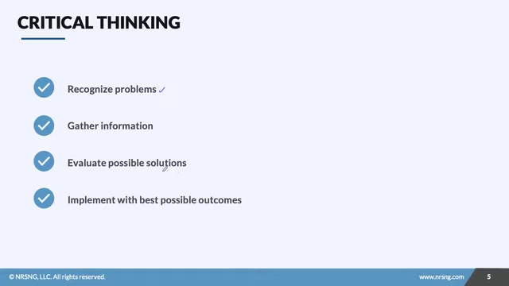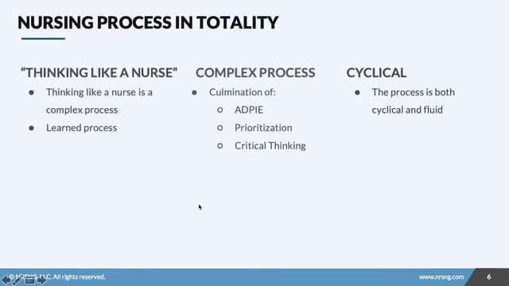We evaluate all possible outcomes and solutions. And then we implement care with the best possible outcomes in mind. Once we recognize the problem, we gather information, we evaluate possible solutions, we implement with the best possible outcomes in mind. Again, make sure you check out the lesson on critical thinking.